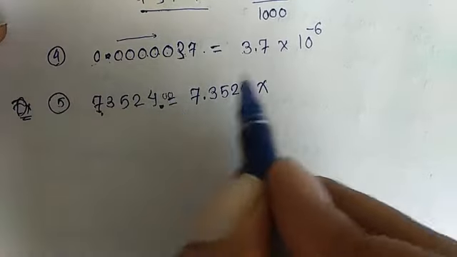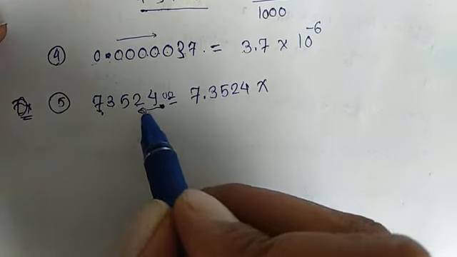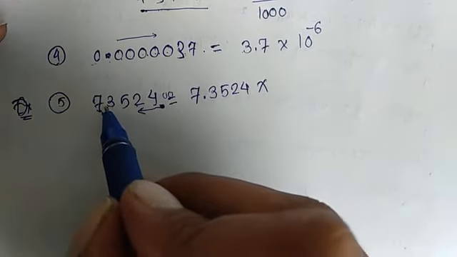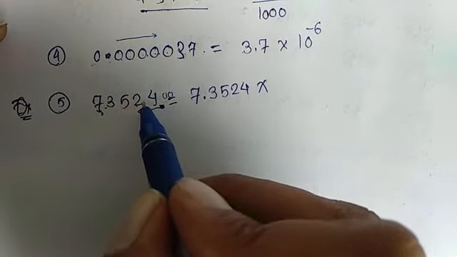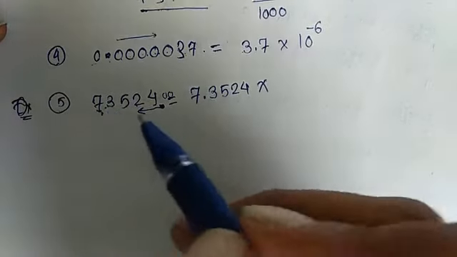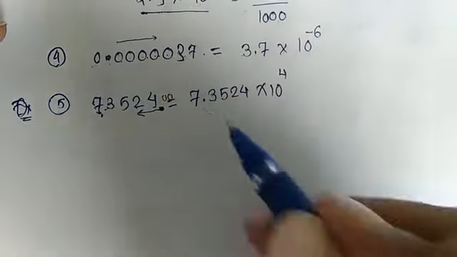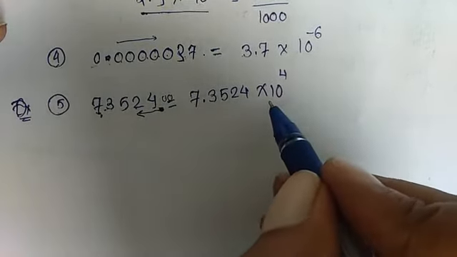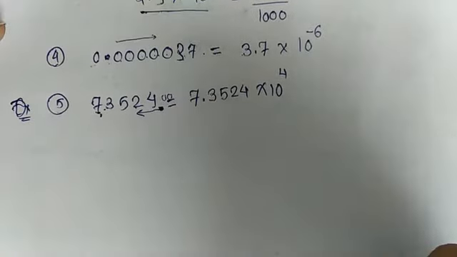So we have to shift this point toward the left side. How many places are we shifting? 1, 2, 3 and 4 places, so it can be written as 10 raised to 4. So 7.3524 times 10 raised to 4 is our standard form.